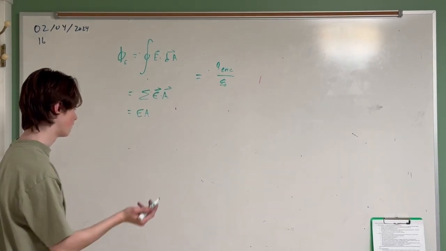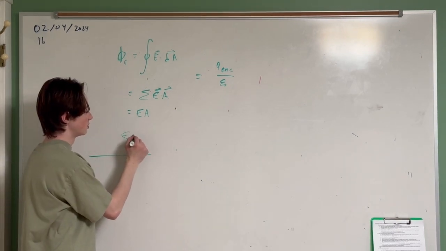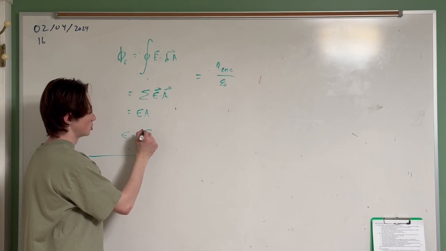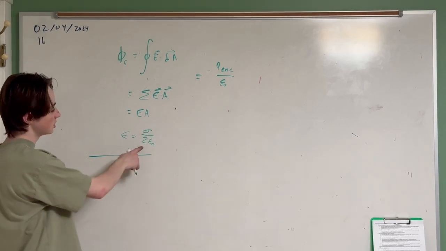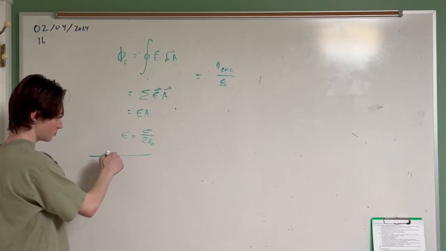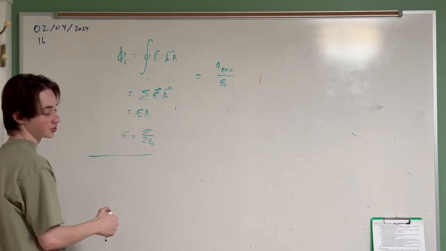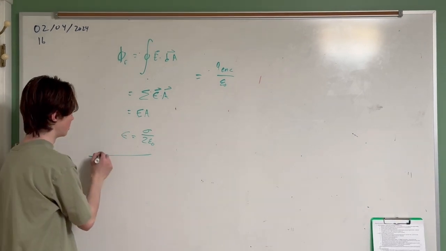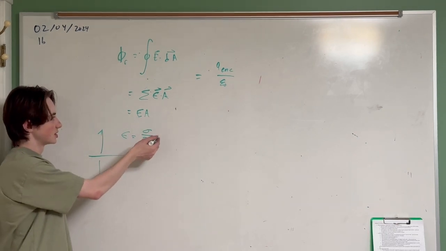And then for a plate, the electric field is going to be equal to charge distribution over 2 epsilon naught. You can think of this as there being electric field lines going up and down from the plate, so that's why we have to split it into 2. But otherwise, it's the same as the flux formula.